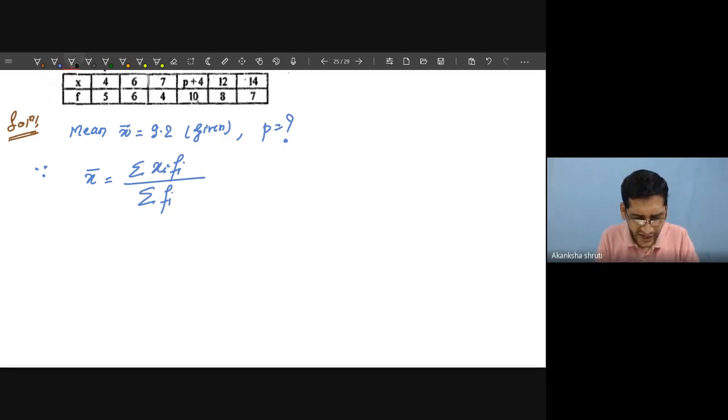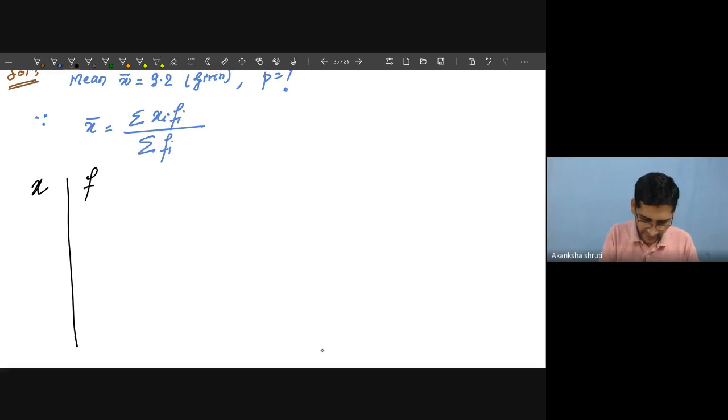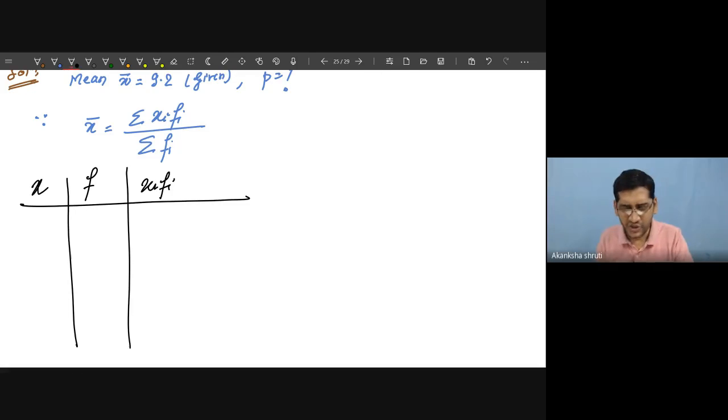So let us quickly rewrite it. What is x? What is f? Then we will calculate their xi fi. This calculation we need to do first.